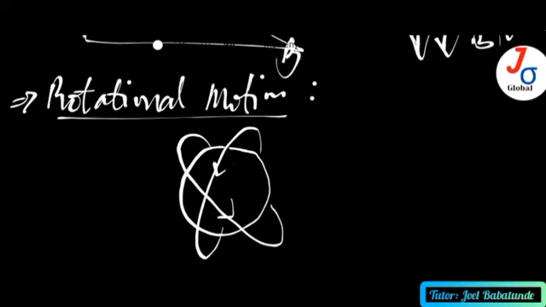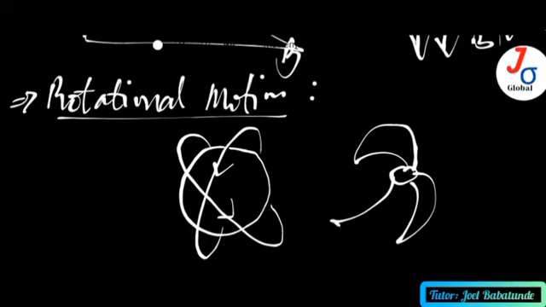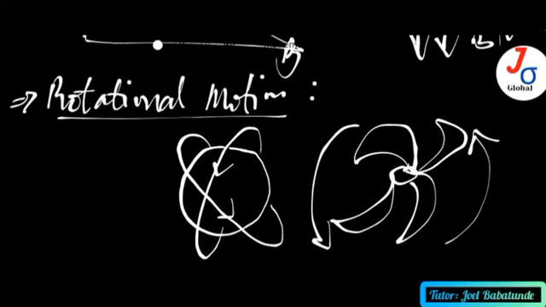Another example would be the blades of a fan. This is the center, this is the axis about which they are moving. So they're just rotating in that direction.